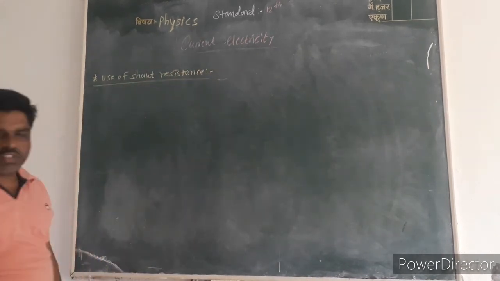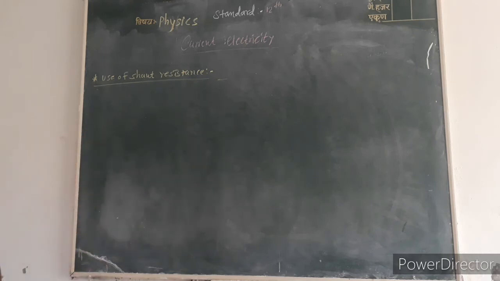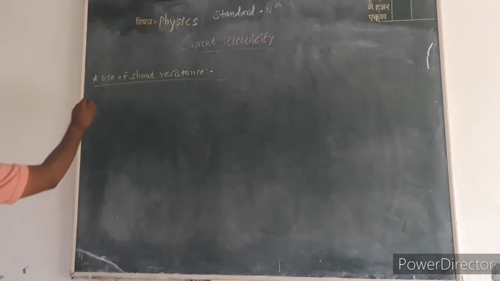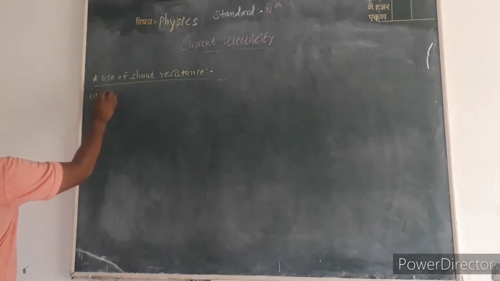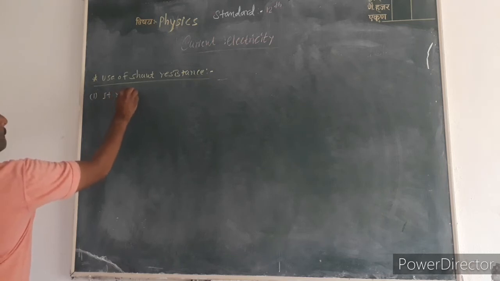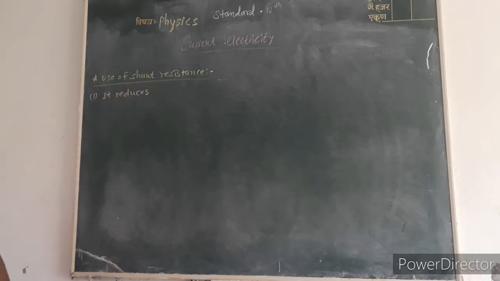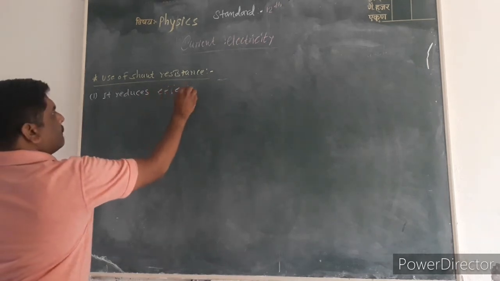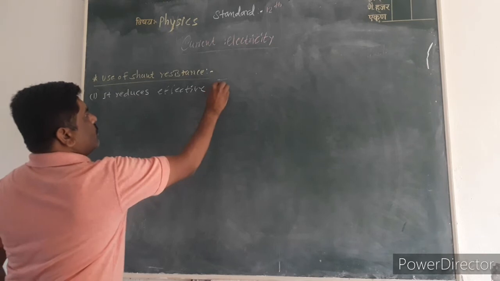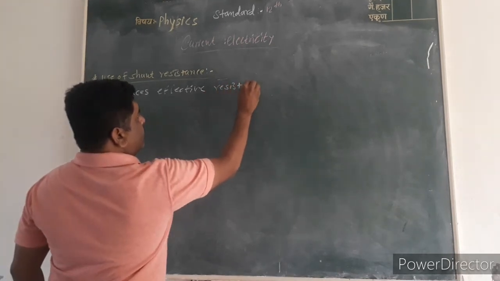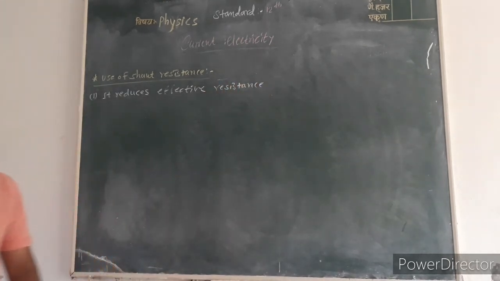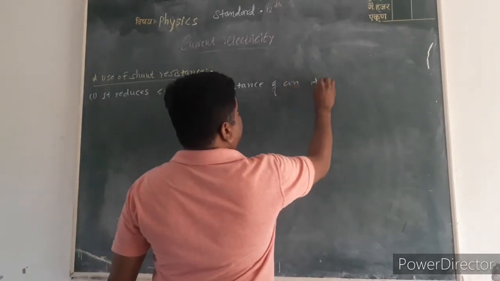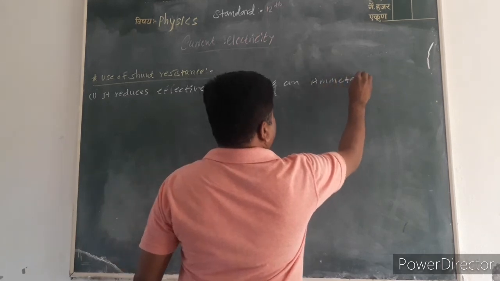The first use of shunt resistance is it reduces the effective resistance of an ammeter.